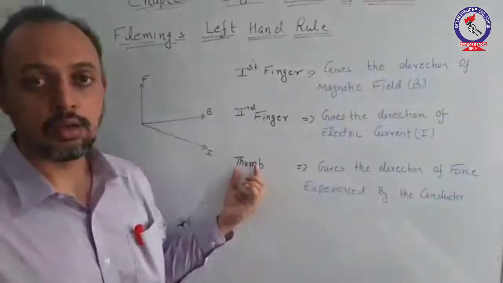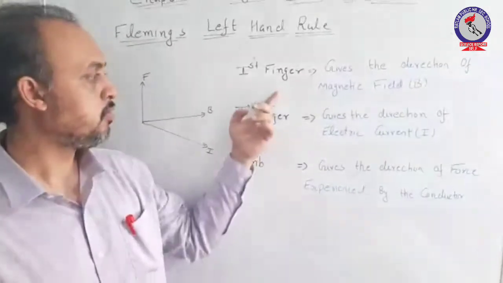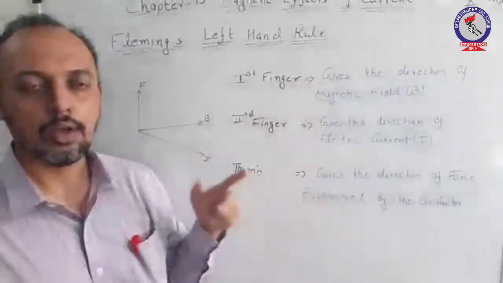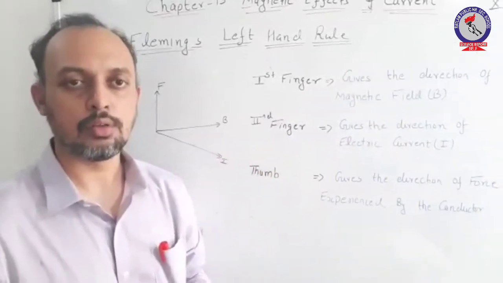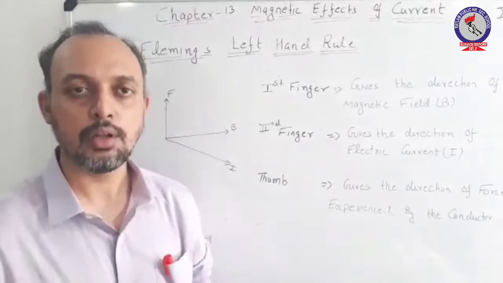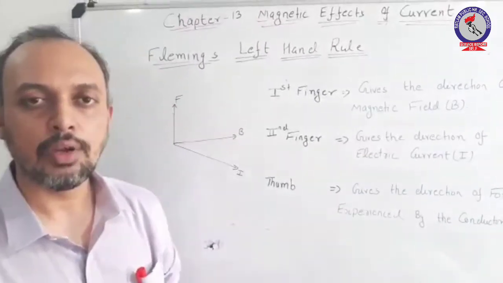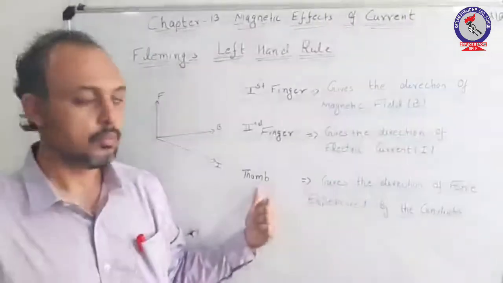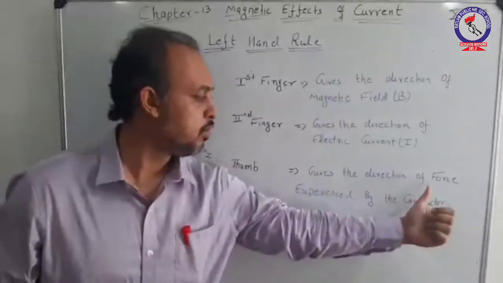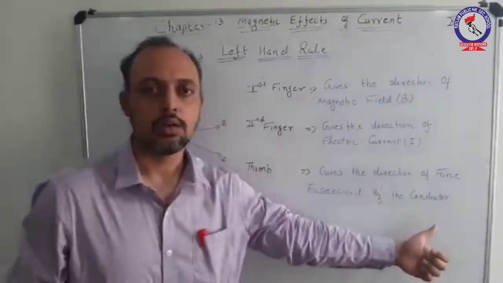After pointing your first finger and second finger in the given directions, whichever direction your thumb points, that is the direction in which the given conductor will experience a force. As it is written, the thumb gives the direction of force experienced by this conductor.